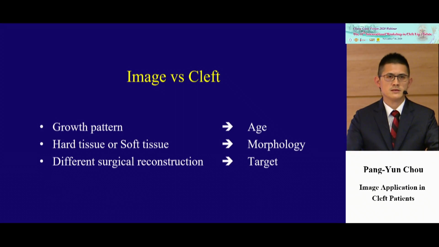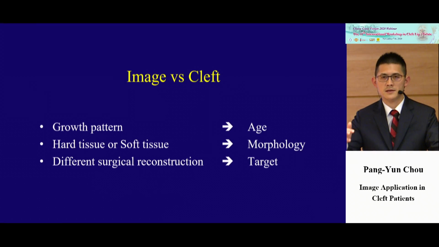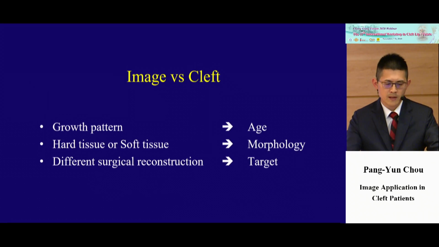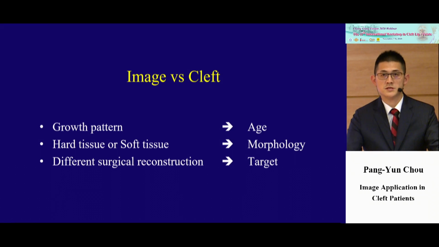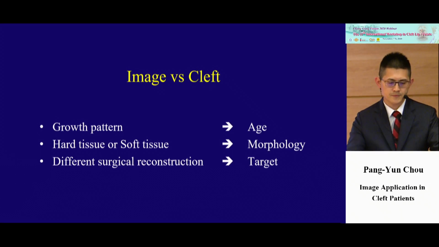Maybe the baby is within 1 year of age, or waiting for palatoplasty, or has grown up and is waiting for alveolar bone grafting. Different procedures need different image studies to analyze the bony situation. We also differentiate whether we want to change the hard tissue or the soft tissue, and which surgical reconstruction we want to give.